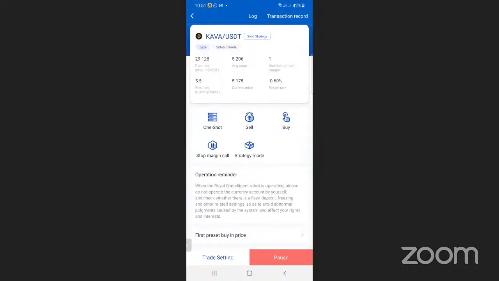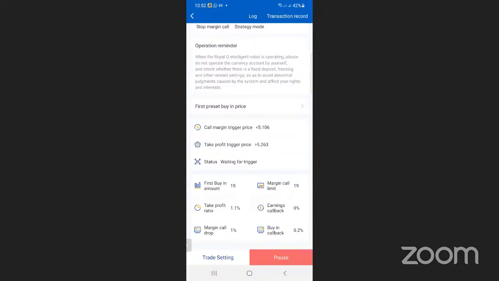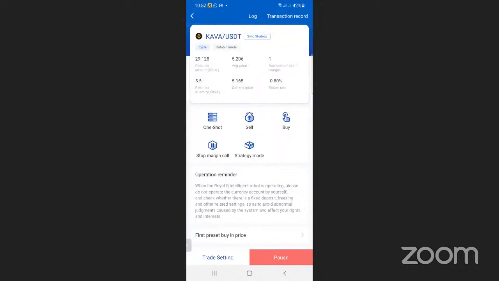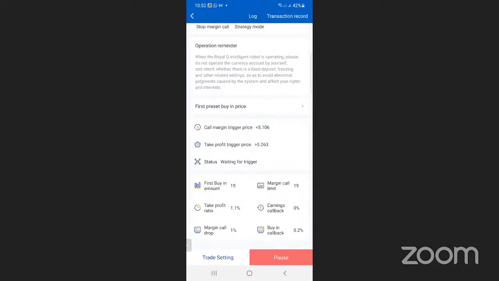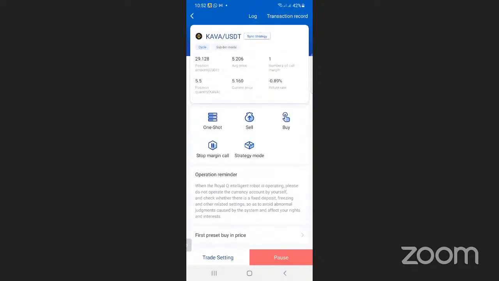The ability for the robot to buy more. The robot has to buy more whenever it gets at less than 5.106. Now it is at 5.165. It means it is greater than that price. But when it gets to less than 5.106, my robot has to buy more.